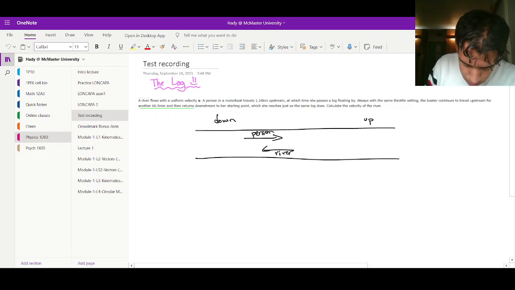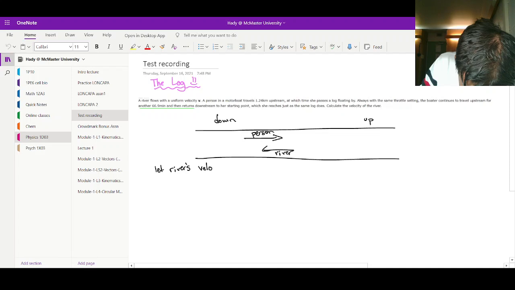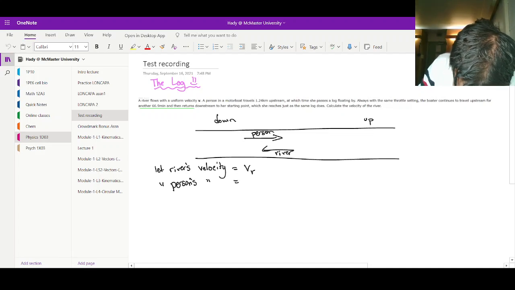Let the river's velocity equal VR, and the person's velocity we'll call VP.